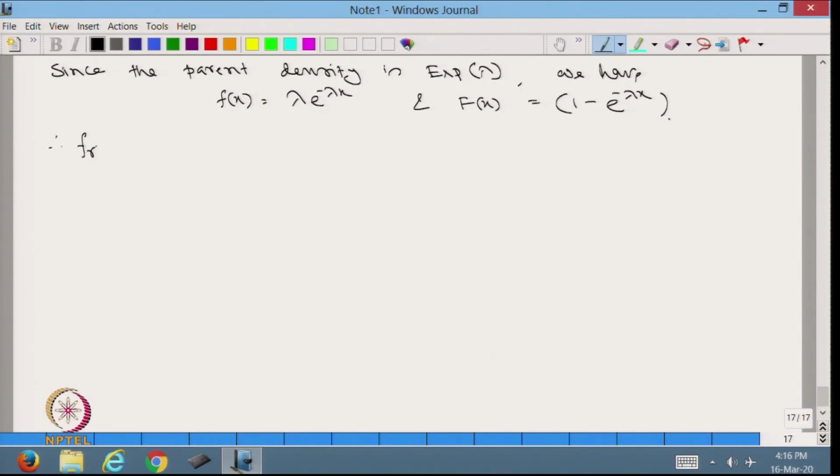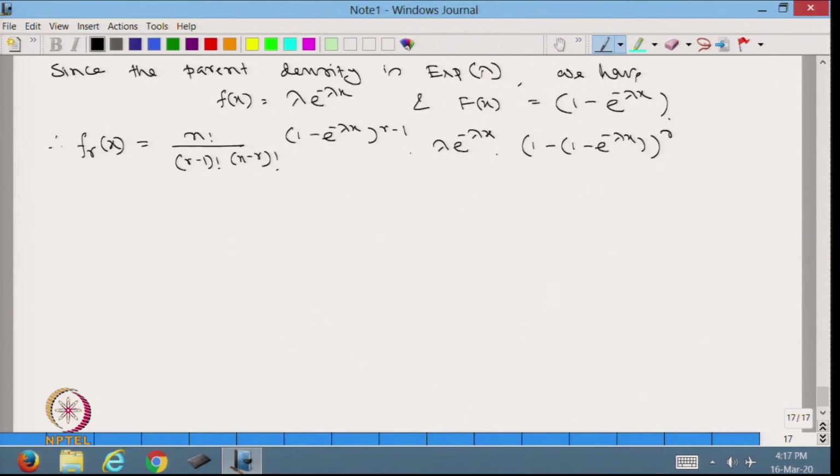Therefore, f_r(x) is equal to n factorial upon (r minus 1) factorial into (n minus r) factorial, (1 minus e to the power minus lambda x) to the power r minus 1, lambda e to the power minus lambda x, multiplied by (1 minus e to the power minus lambda x) whole to the power n minus r.